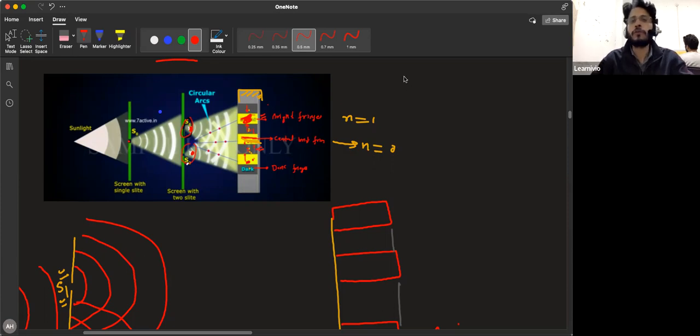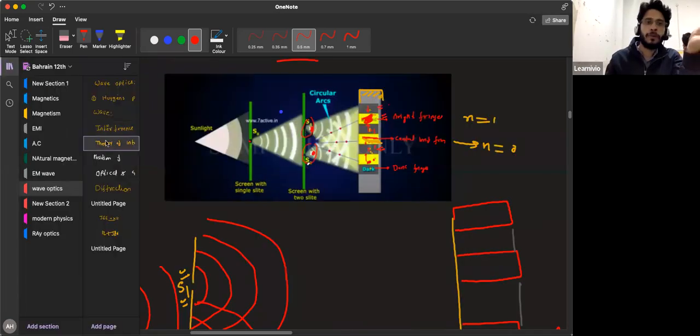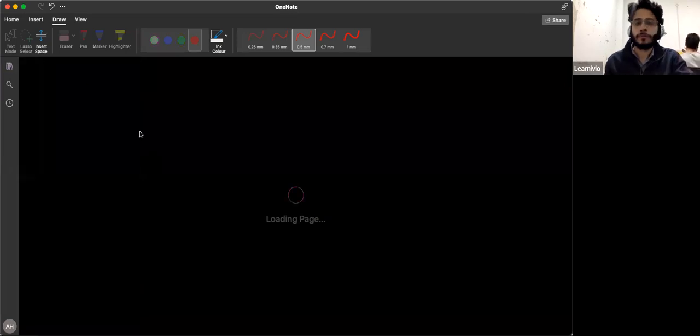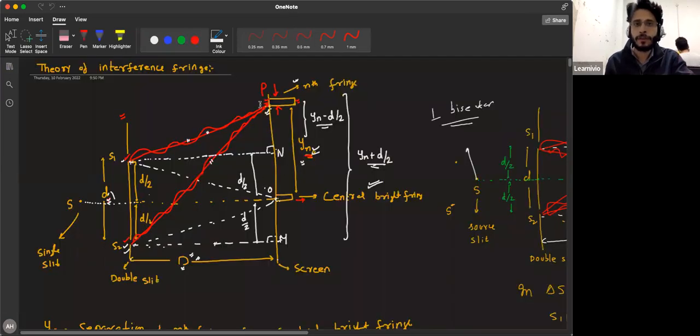Now what we have to do is calculate again the position of bright fringe and dark fringe in terms of separation from the central maximum. Means if I consider this fringe, let me rub it up and draw it again.